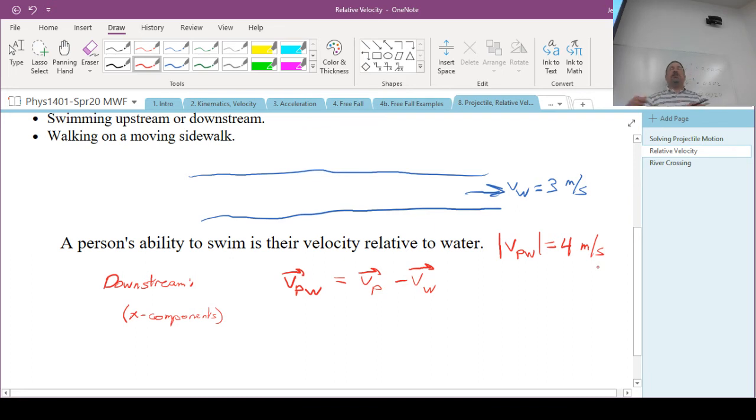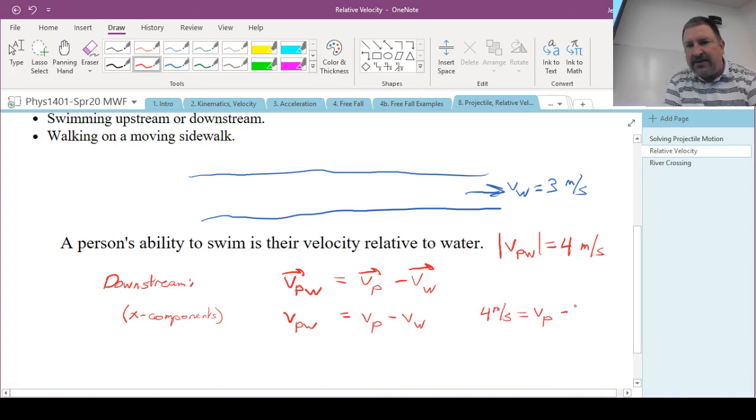Maybe they actually have a small jet ski or something and they're driving it slowly. So that number would go here: 4 meters per second is equal to V person minus 3 meters per second.